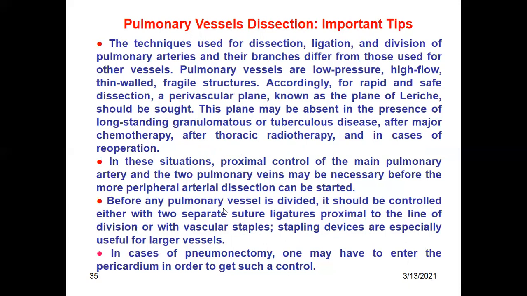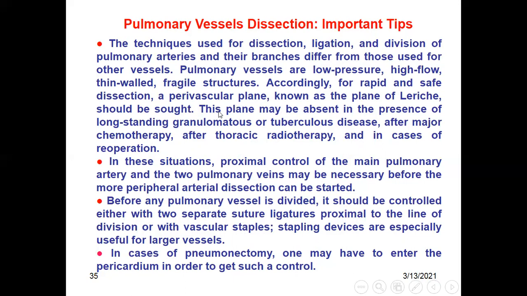The techniques used for dissection, ligation, and division of pulmonary arteries and their branches differ from those used for other vessels. Pulmonary vessels are low pressure, high flow, thin-walled, fragile structures. Accordingly, for rapid and safe dissection, a perivascular plane known as the plane of Leriche should be sought.